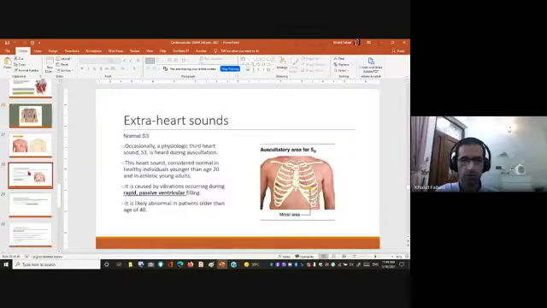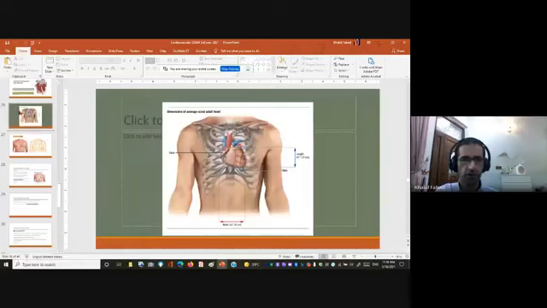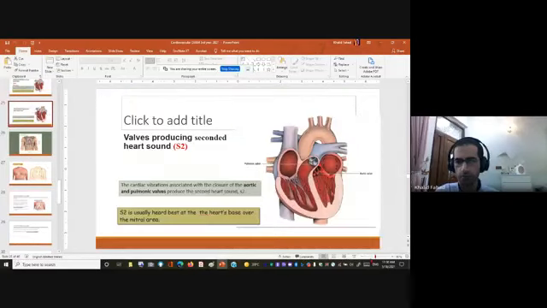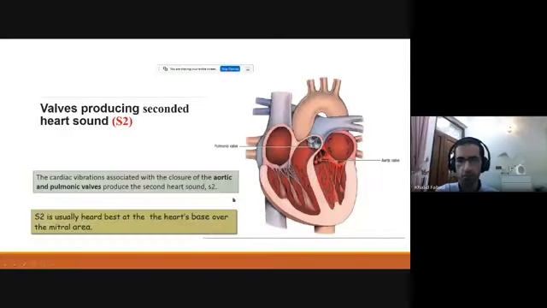Okay, so I reached the slide for the second heart sound. Please let me know if the slides are not advancing during my presentation. The second heart sound, I told you, is produced by the closure of the pulmonic and the aortic valves. These are tri-leaflet valves, so when they close, they produce the second heart sound.